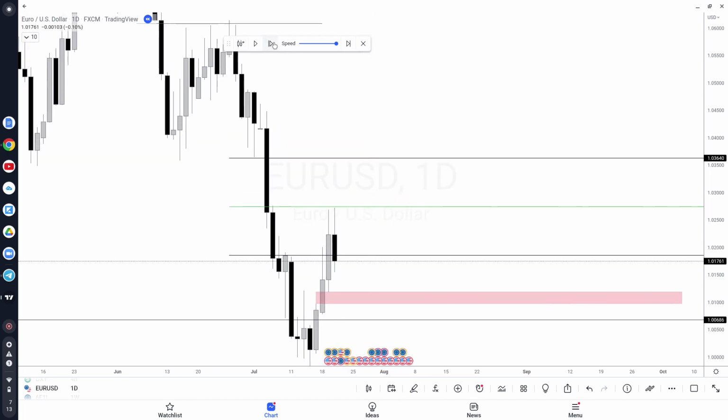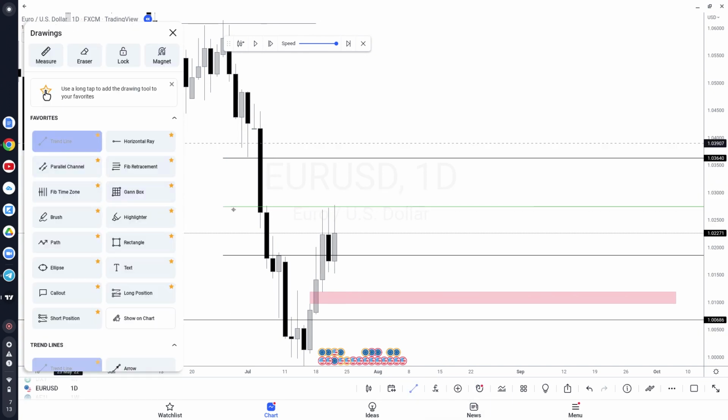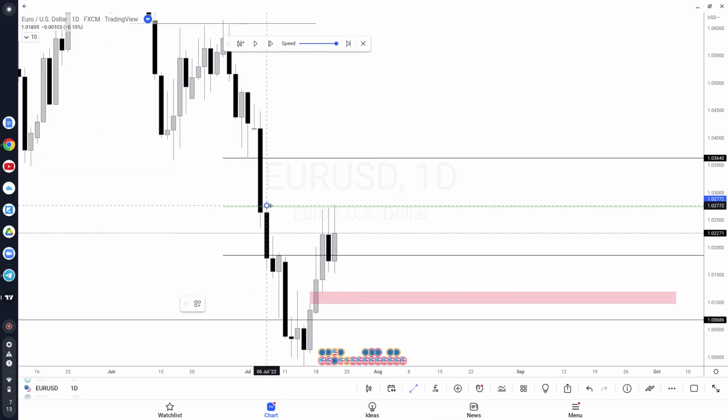And if we play this out, we see this high engages with the daily fair value gap here. So once buy side liquidity is taken here, this becomes the dealing range inside of the overall weekly dealing range.